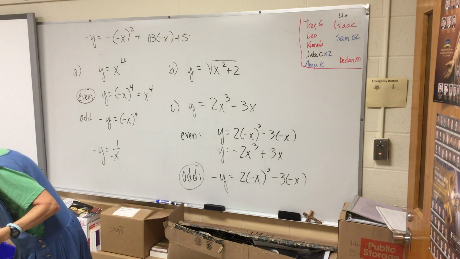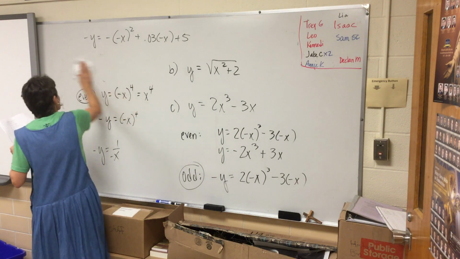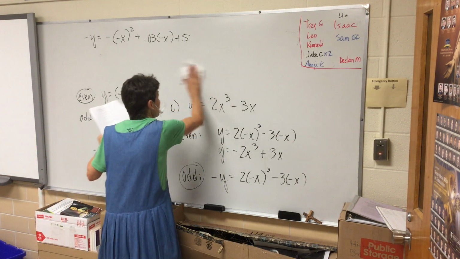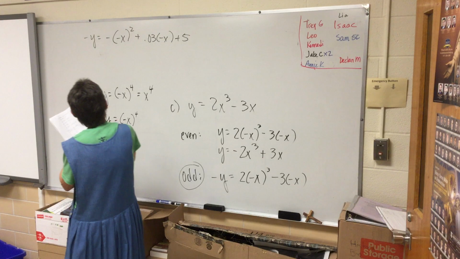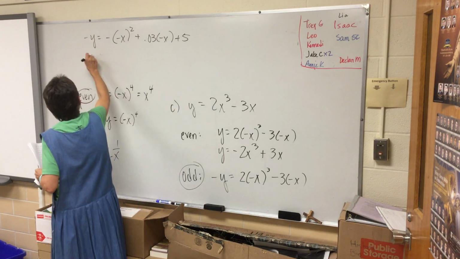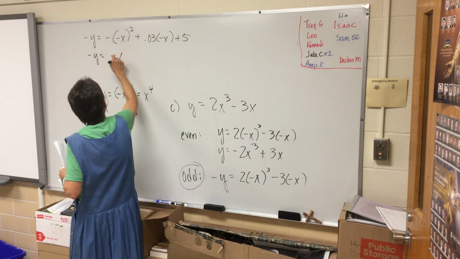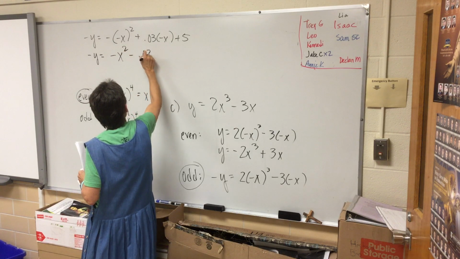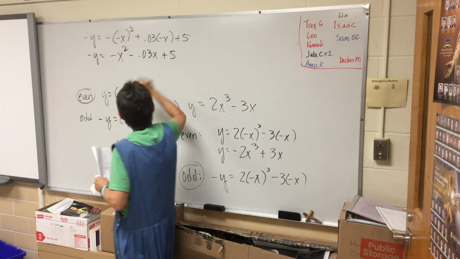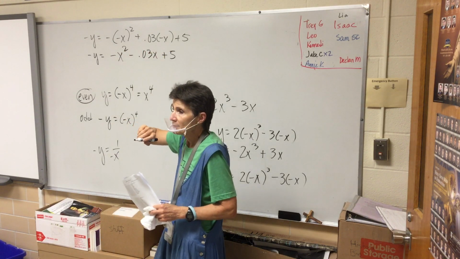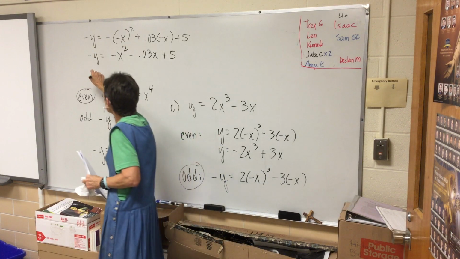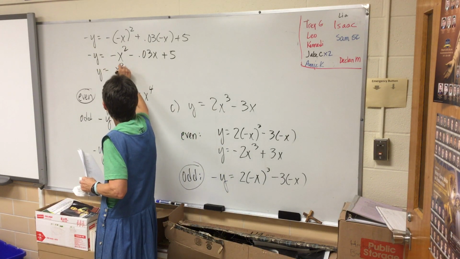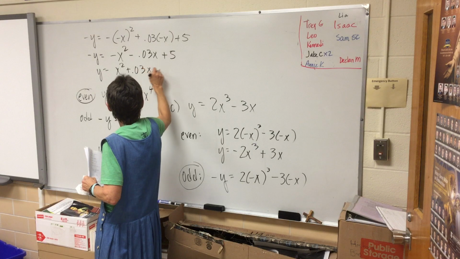So if we simplify that, and again, you don't have to show every single step, show as much work as you need, you're going to have negative y equals negative x squared minus 0.03x plus 5. What happens when I divide by this negative? I get y equals x squared plus 0.03x minus 5.